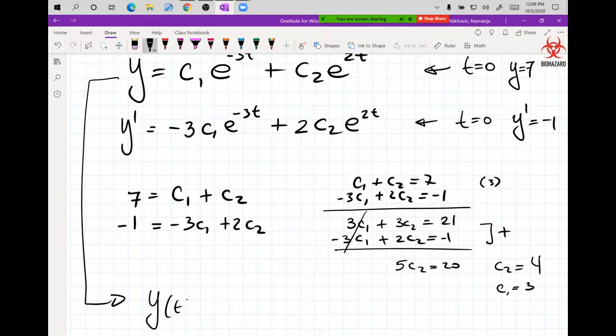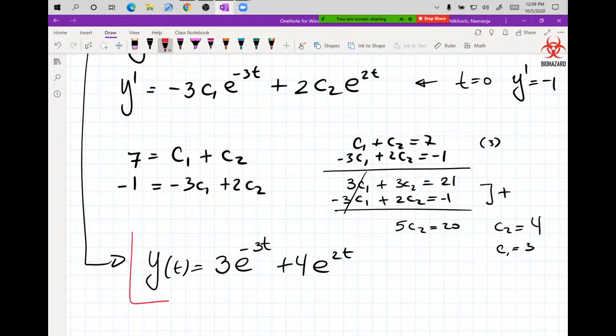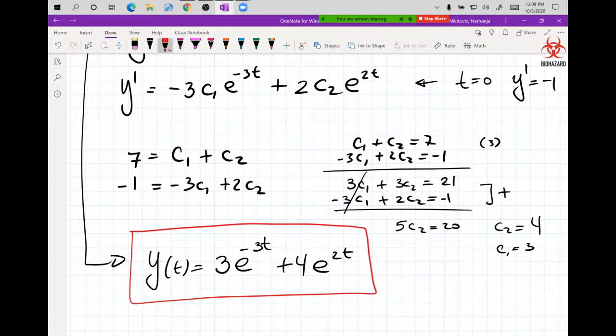So y of t is equal to, C1 is 3, so 3e to the negative 3t, and then plus 4e to the 2t. And this would be known as a particular solution because you calculated your C1 and C2. And that's that.